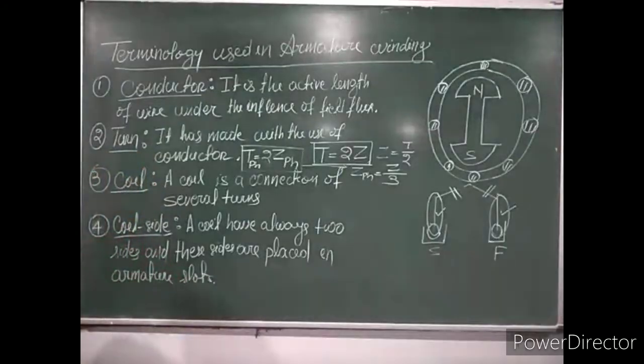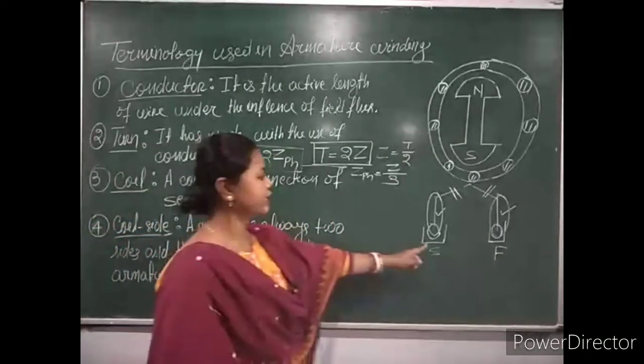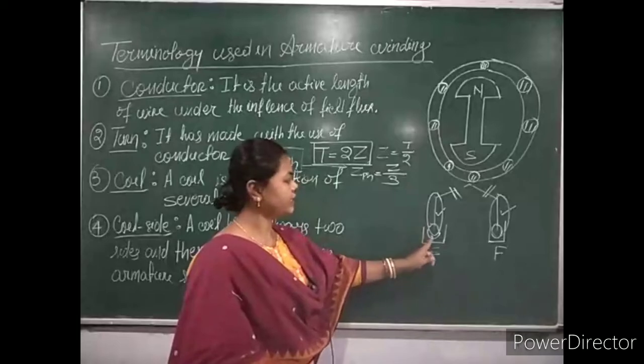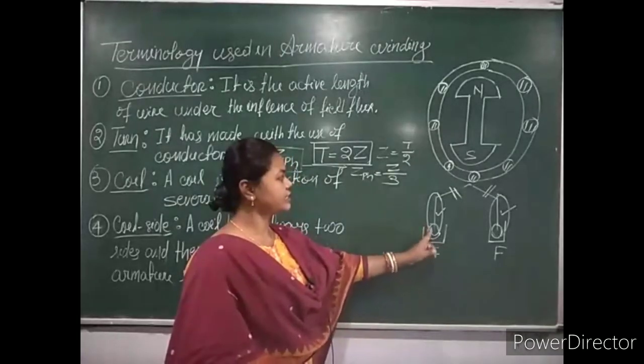Next we go for the term coil. What is a coil? A coil is a series connection of several turns. If you connect turns in series, it makes a coil. In the example we have taken here, how many turns are there? Only a single turn.